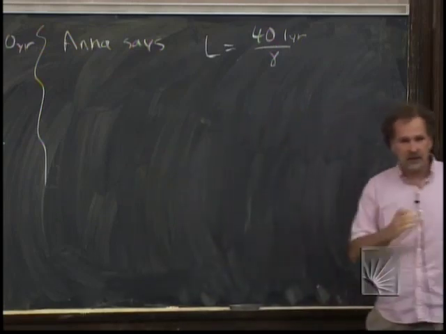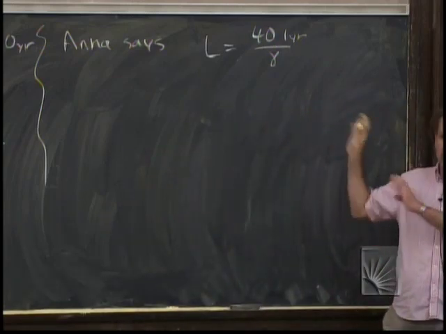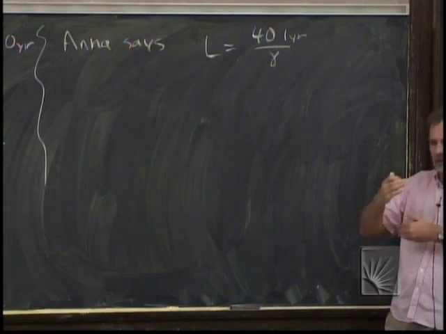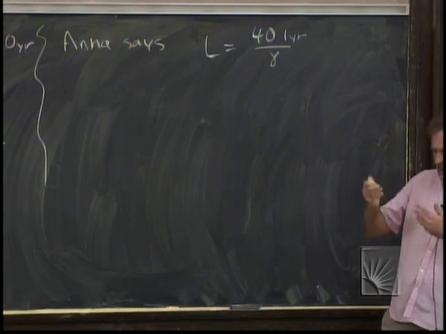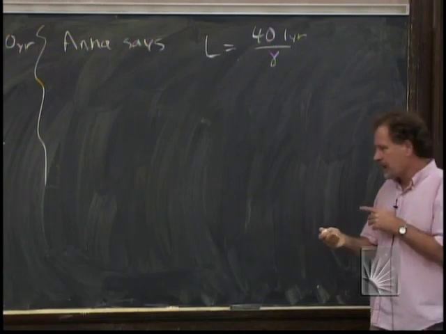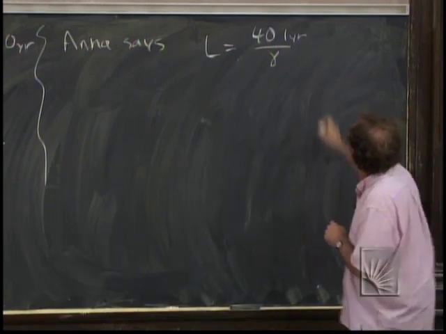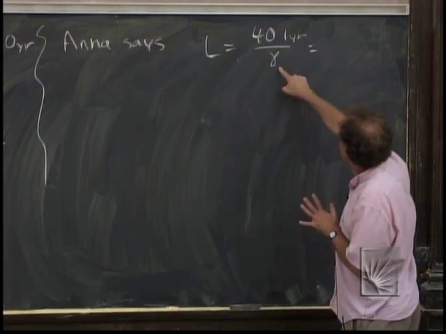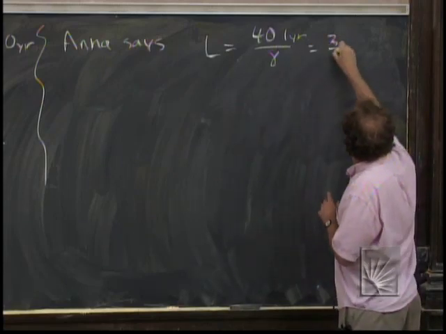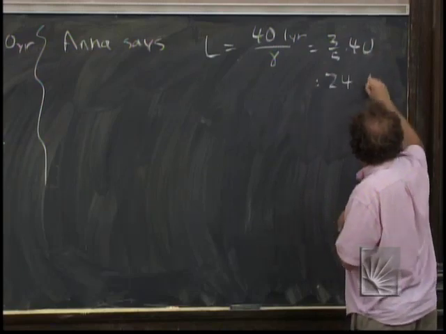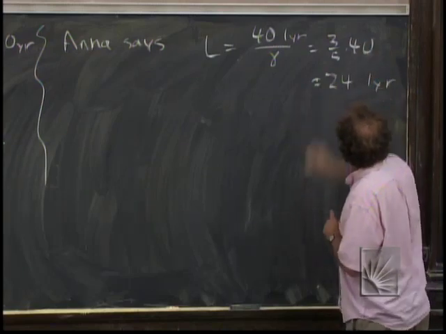She sees it contracted. Again, I could use the Lorentz transformations to write all this down, but I'd be using very simple versions of it where the time is all the same in Anna's frame. So gamma is 5/3, so this is 3/5 times 40, so that's 24 light years. Okay?